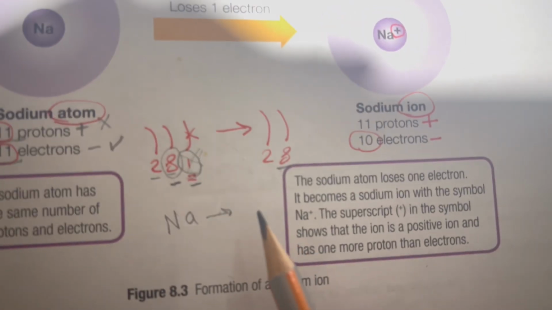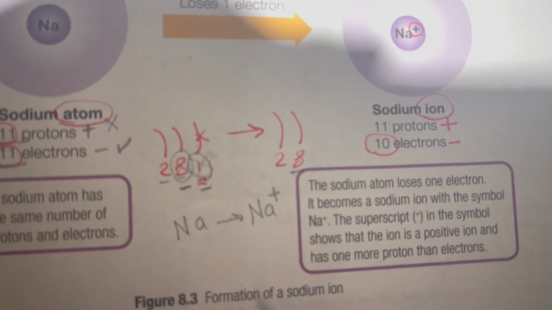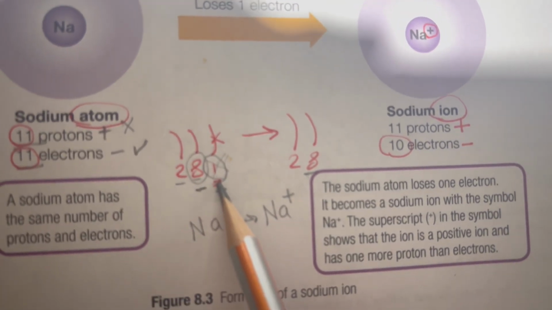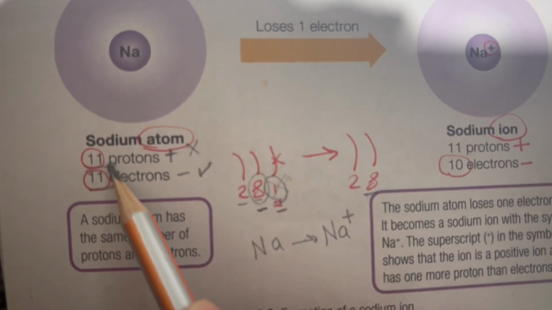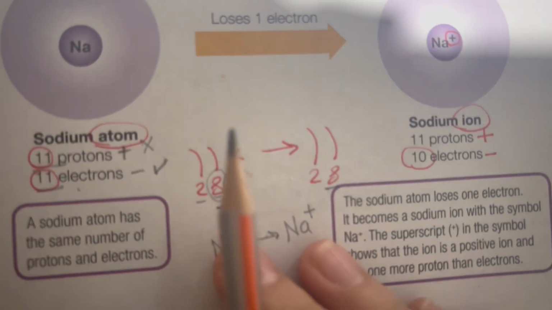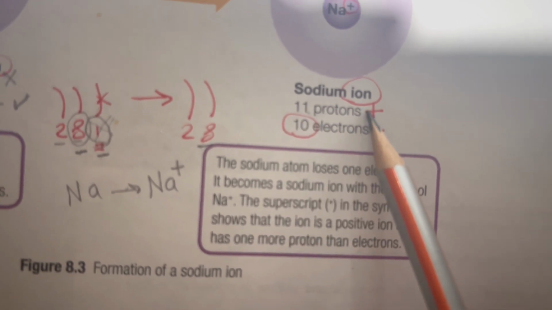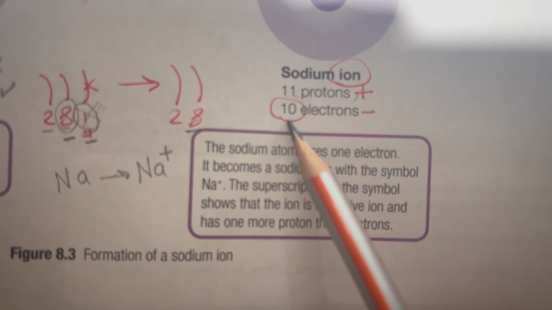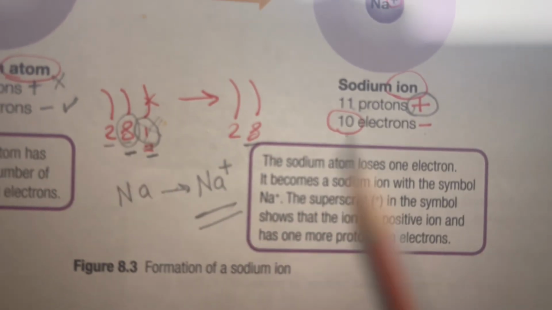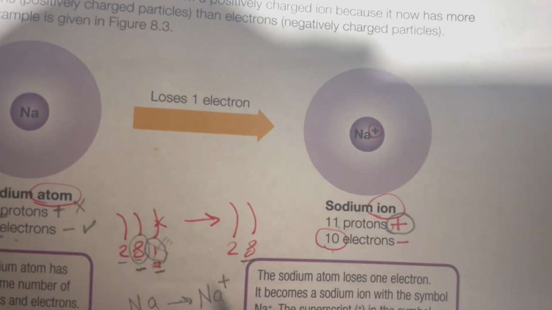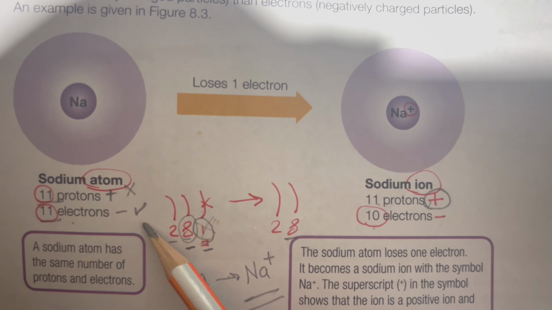After turning into a sodium ion, it has become Na positive one because it lost one electron. There were first 11 protons and 11 electrons, but after losing, there are now 11 protons again, because the number of protons does not change, but 10 electrons. So it has one positive more than the negative. That's why it's a positive ion. Metals always lose and always form positive ions, like the sodium example here.